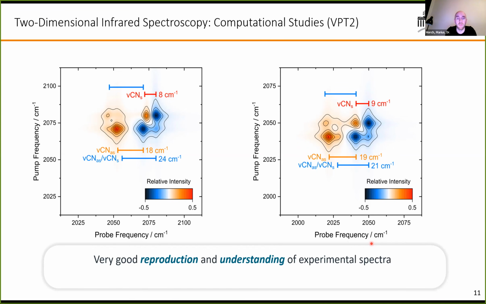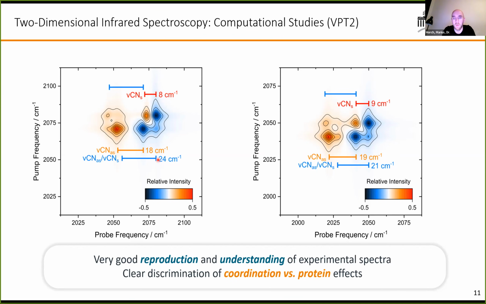What you can see is a very small anharmonicity for the symmetric cyanide stretching mode and a very large anharmonicity for the antisymmetric stretching mode, so that these two values are very different. In addition, the two cyanide stretching modes are very strongly coupled: 24 wave numbers is the coupling. This is pretty much in line with what we already saw for the quantum beat spectra.